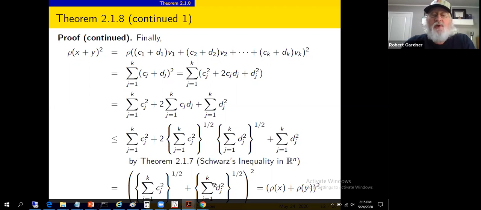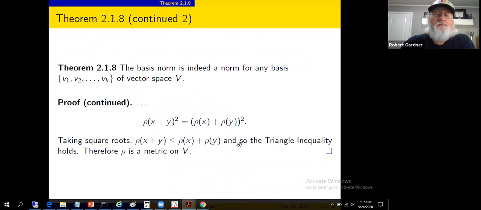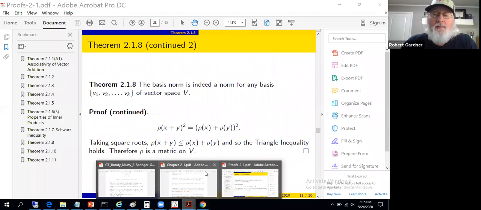The quantities we're getting in that square are rho of x plus rho of y. So we've got rho of x plus y, squared, equals rho of x plus rho of y, squared. Take square roots of both sides, and there's the triangle inequality. So indeed, this basis norm for any basis really is a norm. Okay.